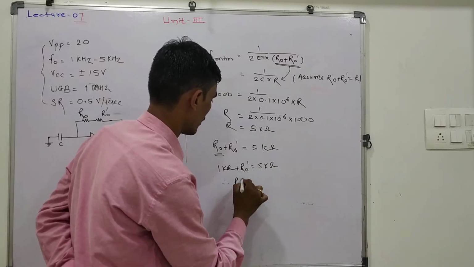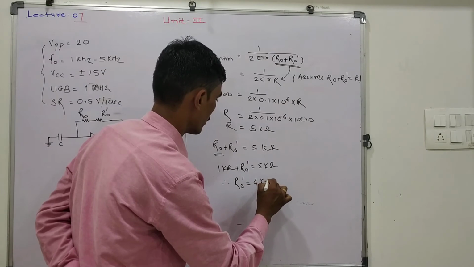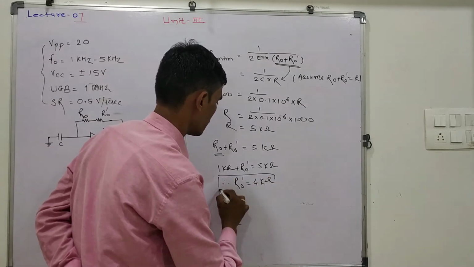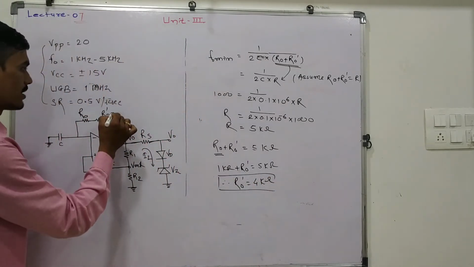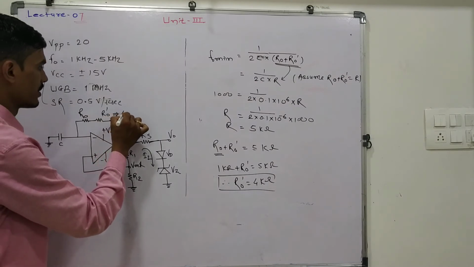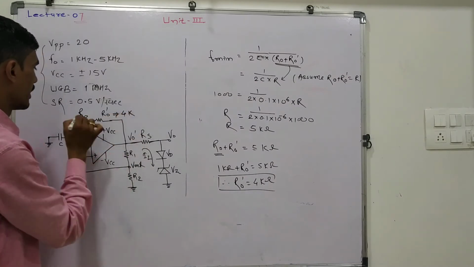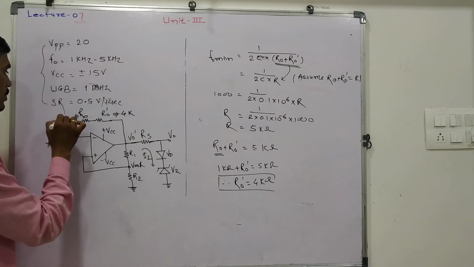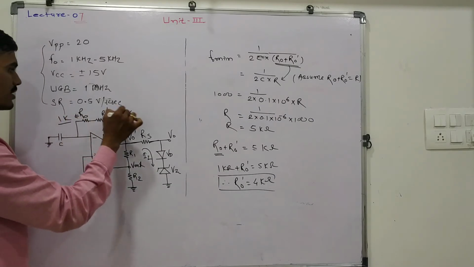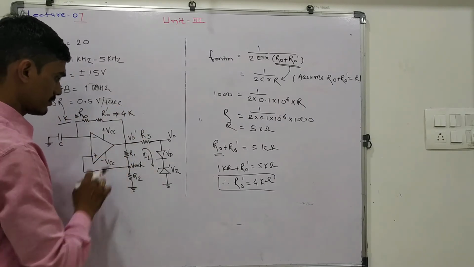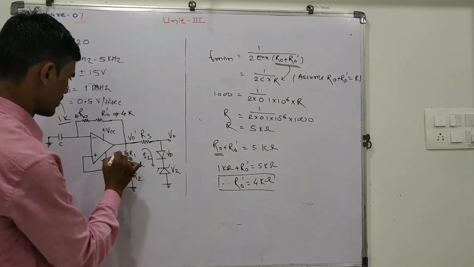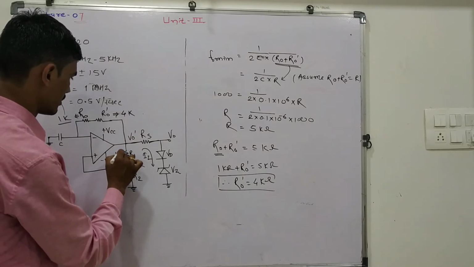Therefore R0 dash is equal to 4 kilo ohms. So this is the final value: R0 is 1K and R0 dash is 4K. Then we already calculated R1 is equal to 11.6.